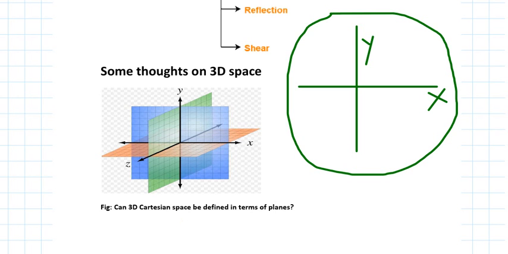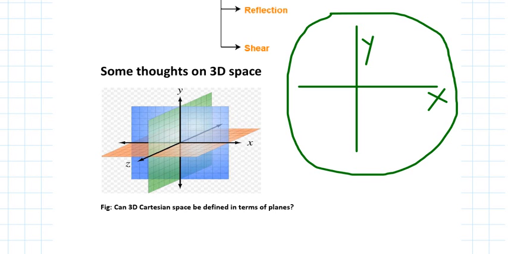Let us discuss more about this. If you take into consideration the x-axis and y-axis, then you have the xy plane, this vertical plane represented by the blue rectangle. You can see that this blue rectangular plane is defined by the horizontal x-axis and vertical y-axis.